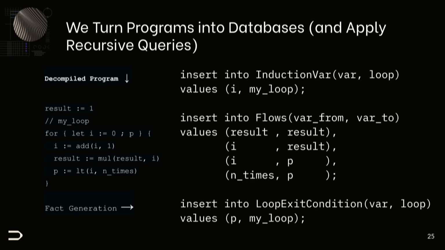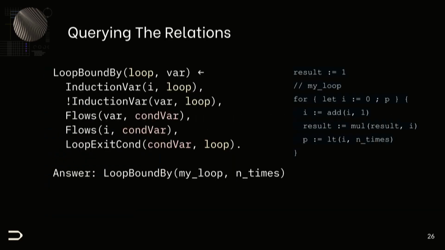So we represent now the program as a database, and then we can run pretty convoluted queries over that database. So we actually use a language that supports recursion. It's called Datalog. So we have a logic-based language that queries this database and can ask things like, well, can you find me all the loops and their bounds, and if they satisfy certain conditions?